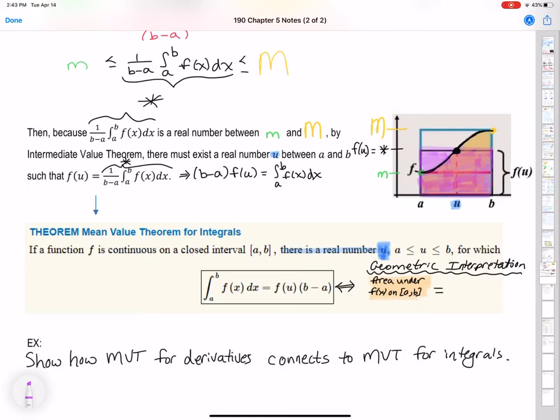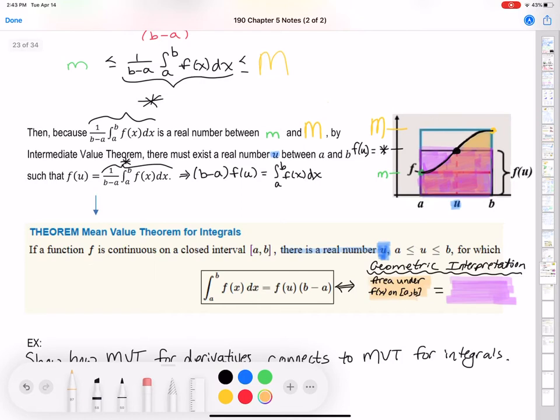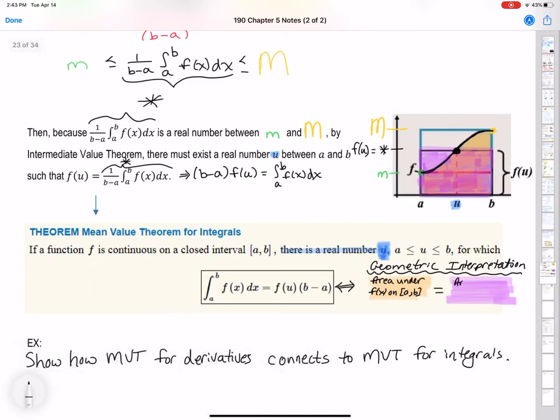So the area under the curve is equal to the area of the rectangle that results from that existence of u, the rectangle with height f of u. That's the one I'm talking about.